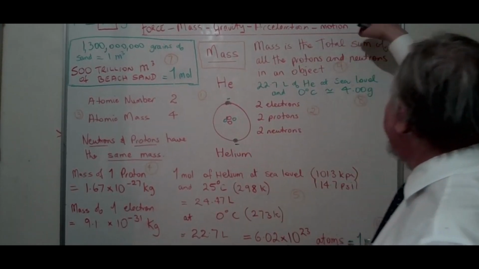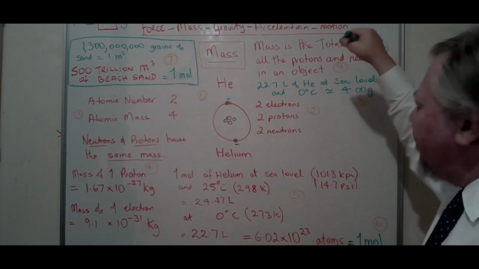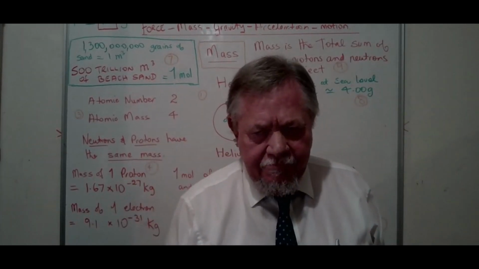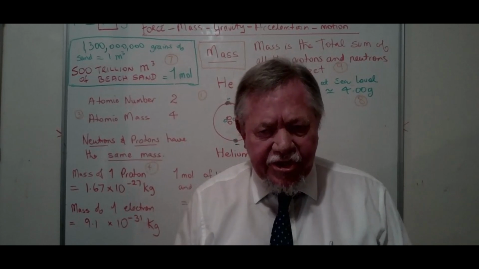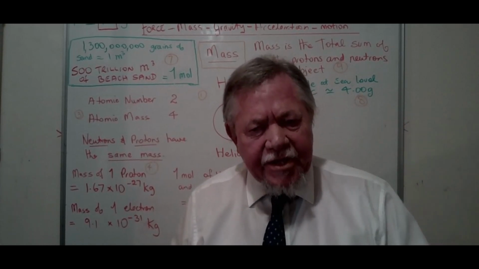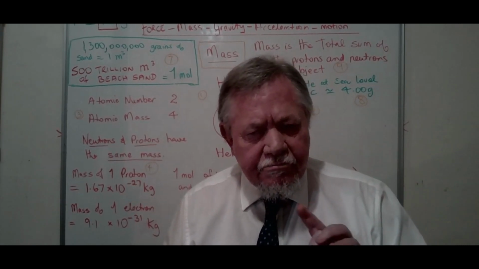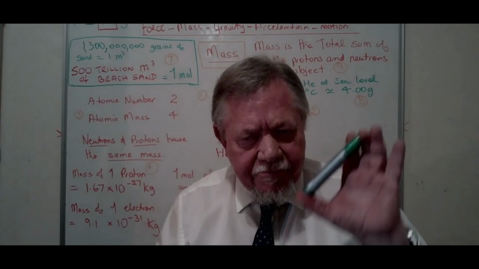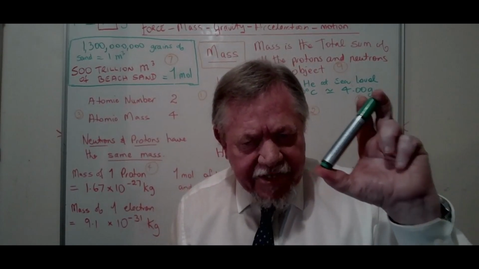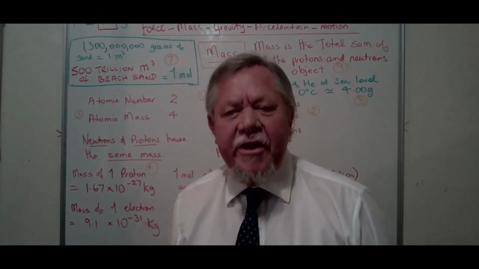Mass is the total sum of all the protons and neutrons in an object. How much does this weigh? This weighs as much as all the protons and neutrons in this object. That is what we mean by mass. Okay, hope that helps.